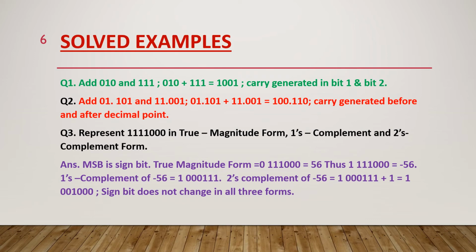And 2's complement of minus 56 is that in 1's complement you add 1, so 0 0 0 1 1 1 plus 1 is equal to, sign bit we don't touch, 0 0 1 0 0 0. So sign bit does not change in all the three forms. That is what you have to remember.